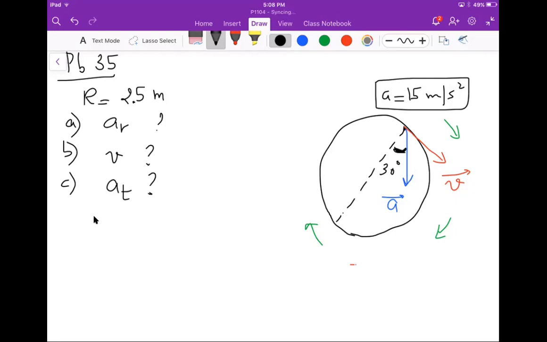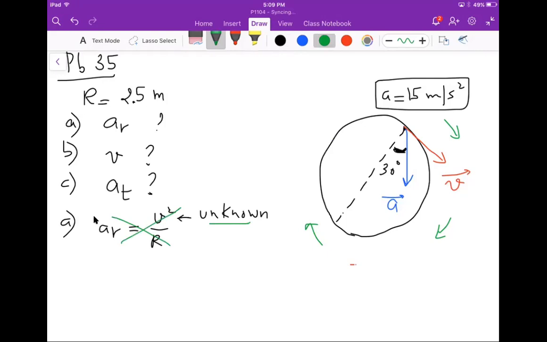So this equation cannot be applied here, because simply V is unknown.